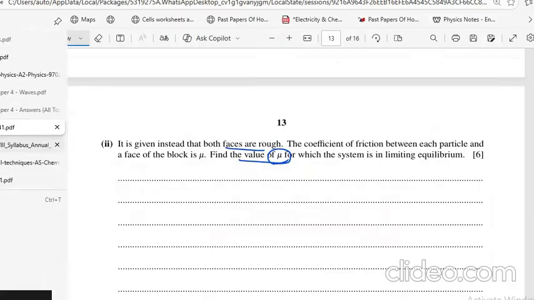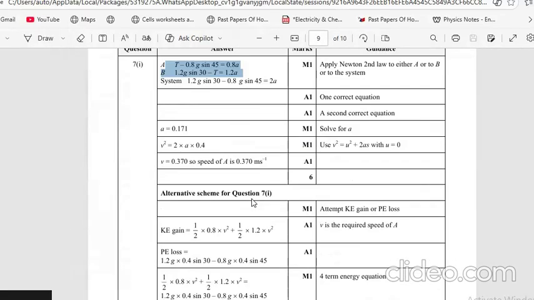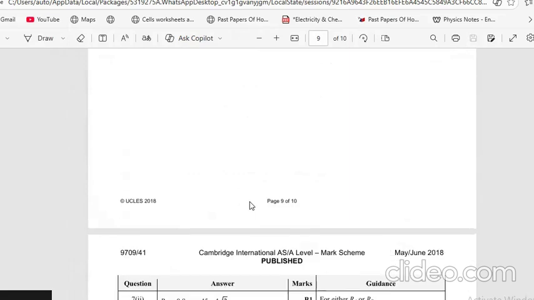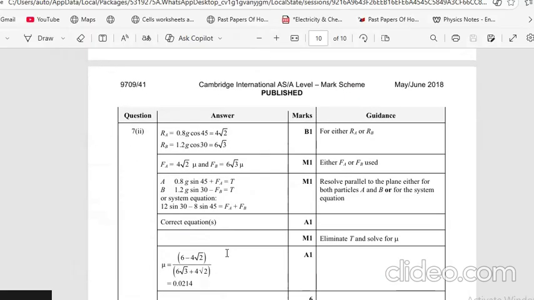First he finds mu cos 45. Then he gets this, where FA and FB make it very confusing. This method is so stupid, but anyway, it is the same thing.